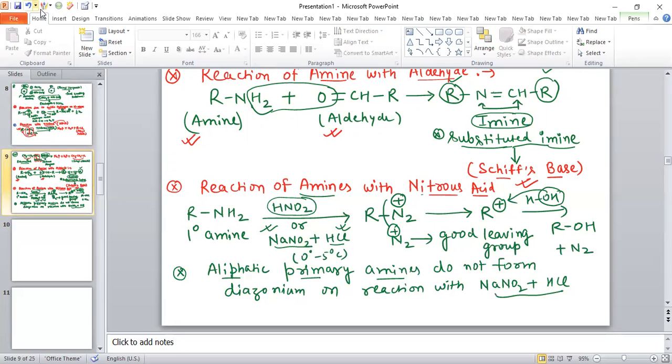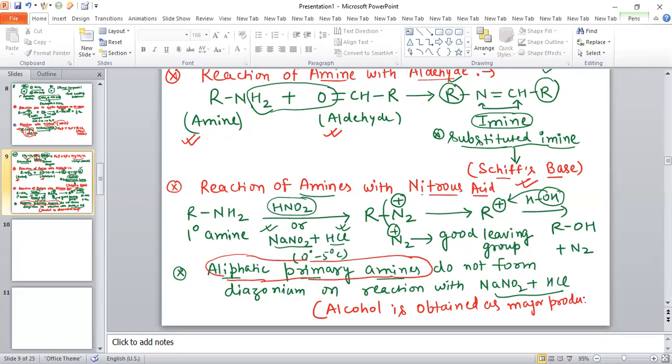So we can say in this case of primary aliphatic amines, alcohol is obtained as a major product.